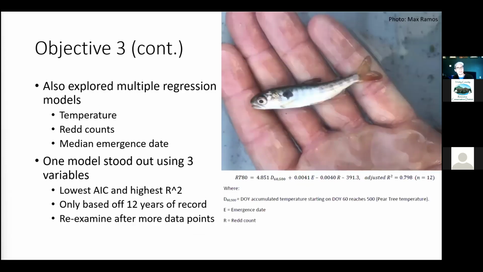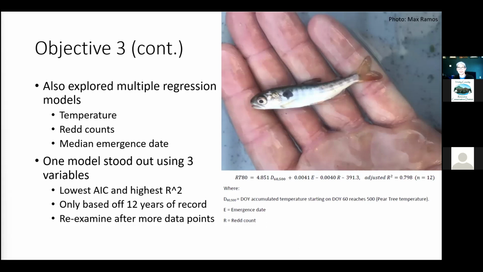We also explored some multiple regression models using temperature, redd counts, and median emergence date. One of these models stood out using these 3 variables, and it's the equation on the right there. The 3 variables are the day of year when accumulated temperature, starting on day of year 60, reaches 500 at Pear Tree, then the emergence date, and then the redd counts.